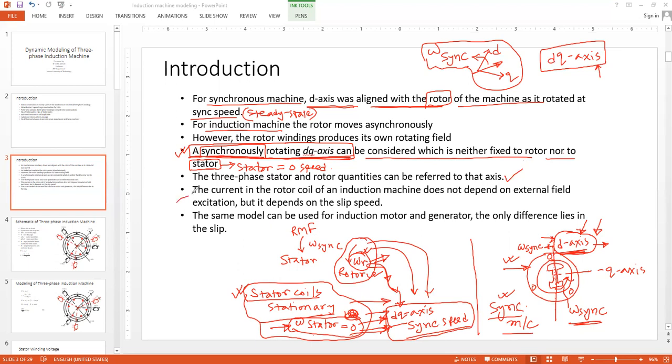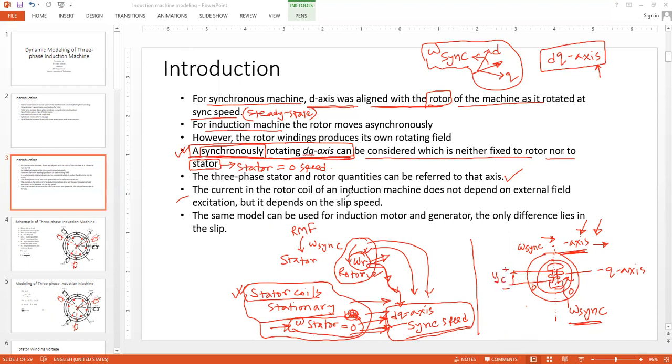The next point is, I just mentioned earlier, the current in the rotor coil. What is happening with the current in the rotor coil for a synchronous machine? It is basically supplied from an external DC source. So for a synchronous machine, the rotor current is controlled from an external DC source.